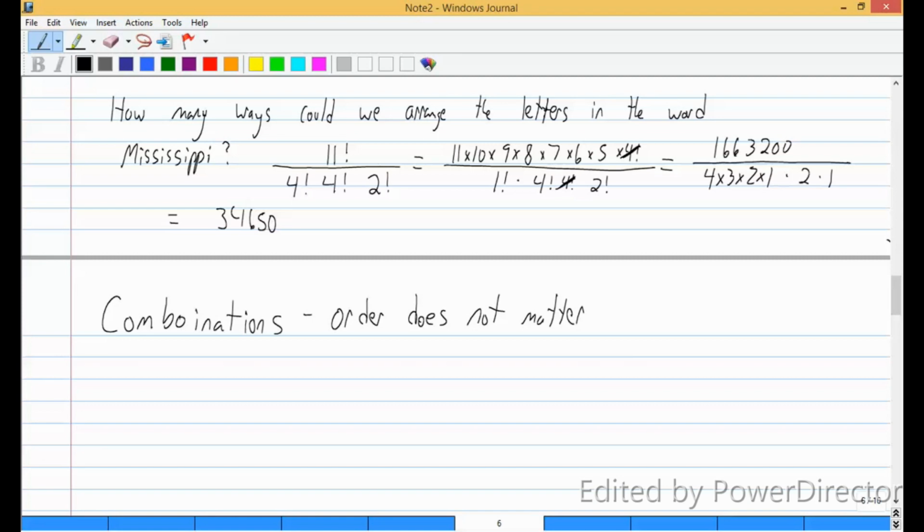So the order in which I choose them doesn't matter. That's a combination.